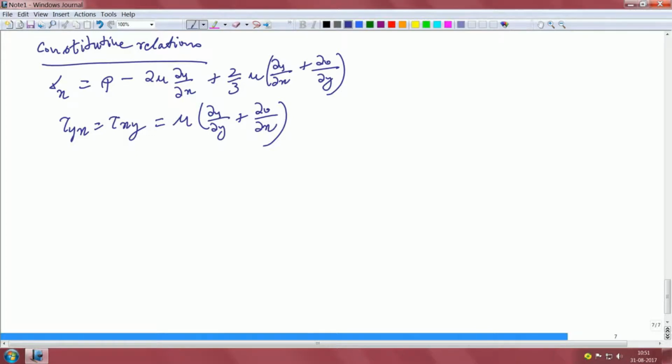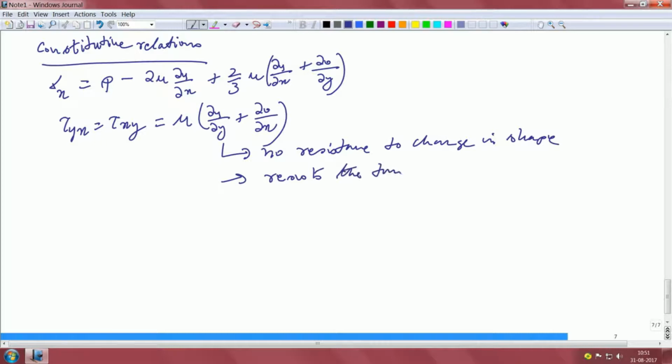Okay. So, this is basically the Newtonian fluid concept, or Newton's law of viscosity, the second relationship that we have put forward here. So, this essentially means that there is no resistance to change in shape, but it resists the time rate of change of shape.